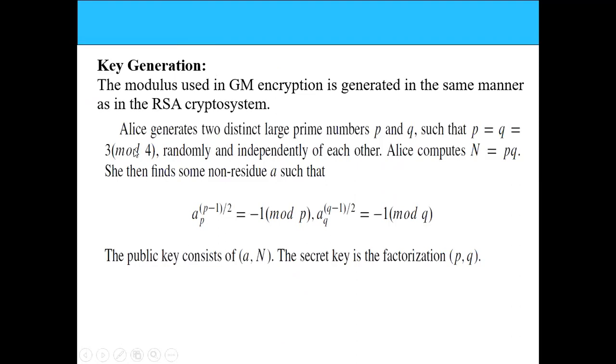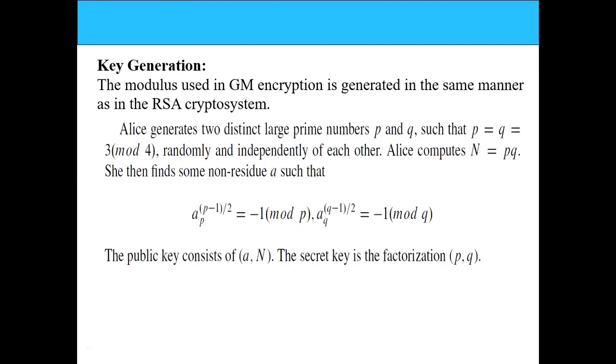It means you can take any P and Q which leave remainder 3 when divided by 4. For example, you can take p as 7 and q as 11.